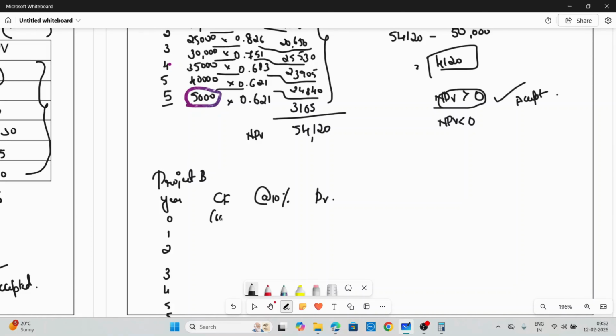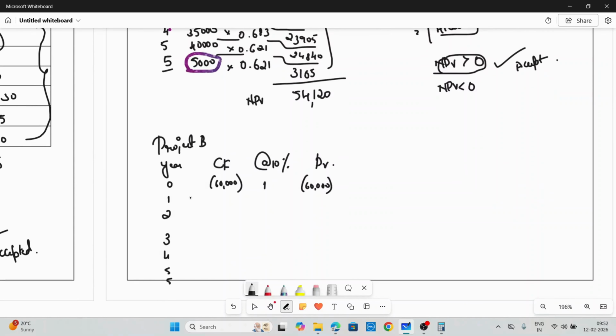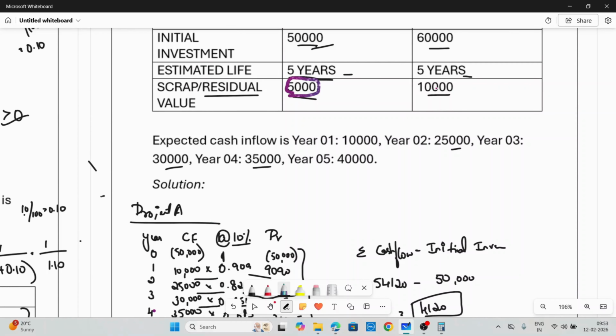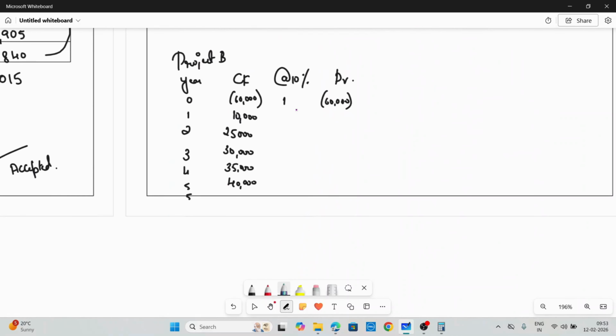So CF is 60,000, 10,000, 25,000. For third year it's 30,000. For fourth year it's 35,000. For fifth year it's 40,000. And what's the scrap value of this? It's 10,000, right? So let's take 10,000.